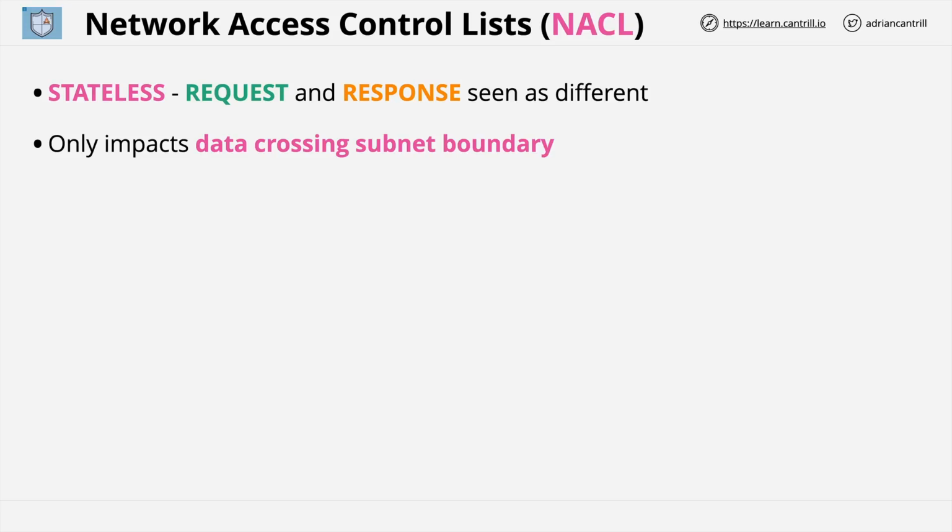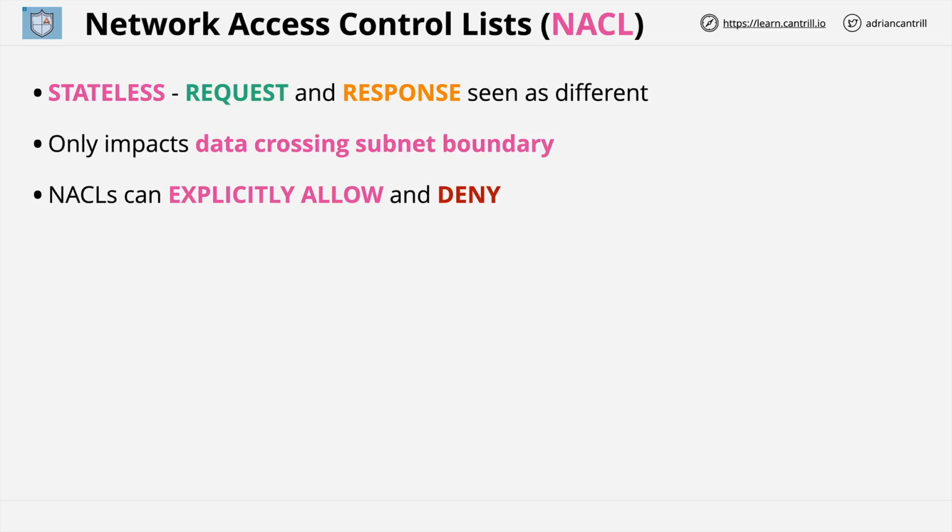Now NACLs are able to explicitly allow traffic and explicitly deny, and the deny is important because, as you'll see when I talk about security groups, this is a capability that's unique to network ACLs. So network ACLs allow you to block specific IPs or specific IP ranges which are associated with bad actors. So they're a really good security feature when you need to block any traffic attempting to exploit your systems.